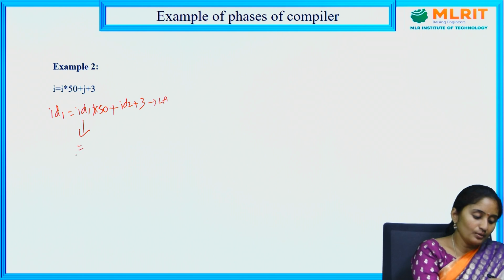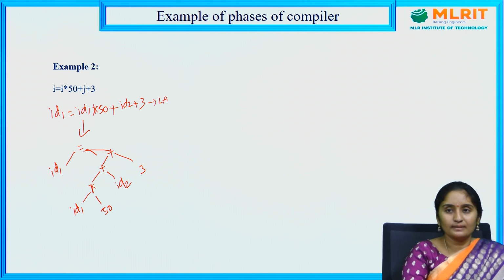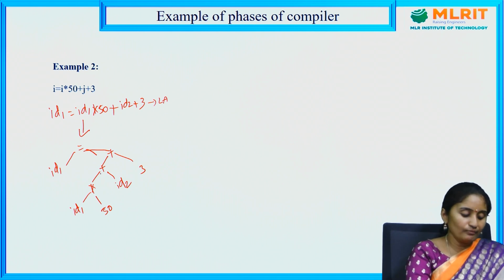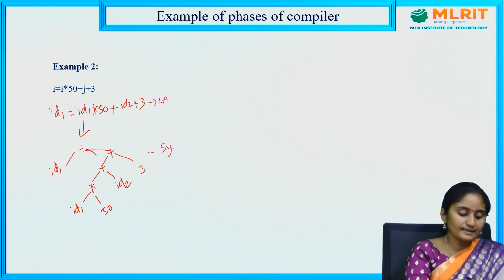So ID1 equal, ID1 multiplication 50 plus ID2 plus 3. So this is nothing but the syntax analyzer.